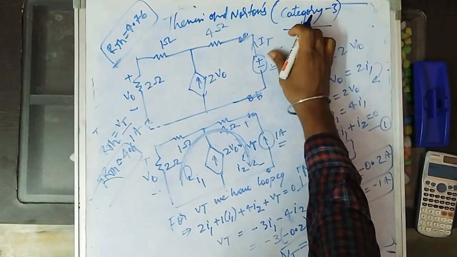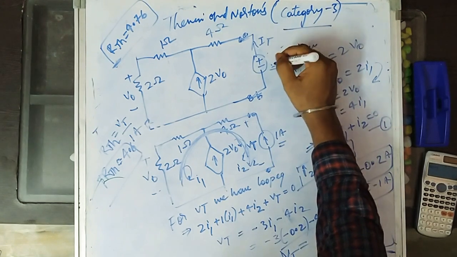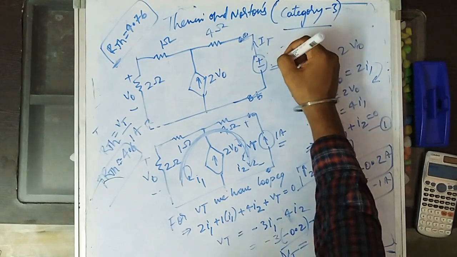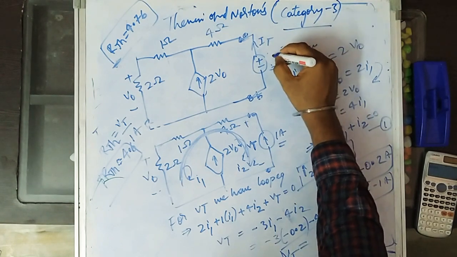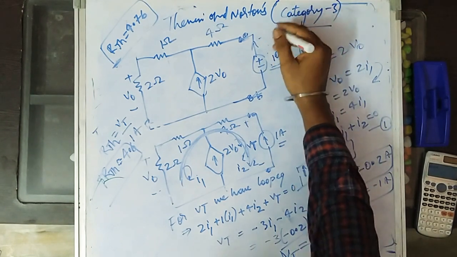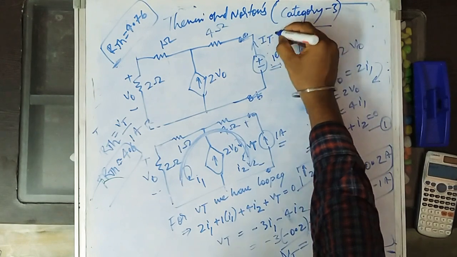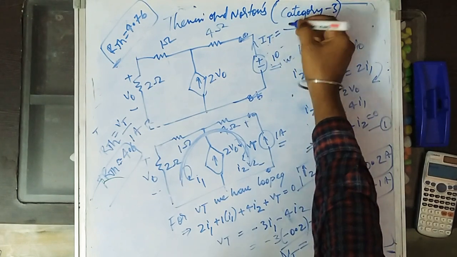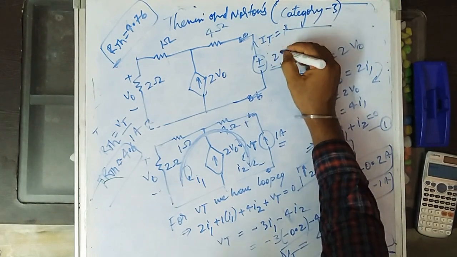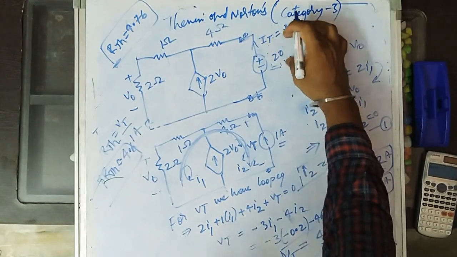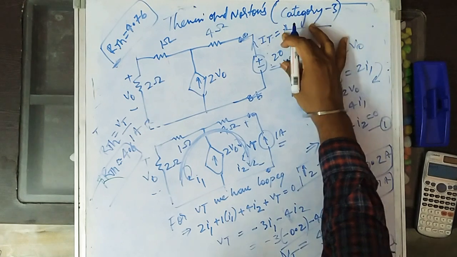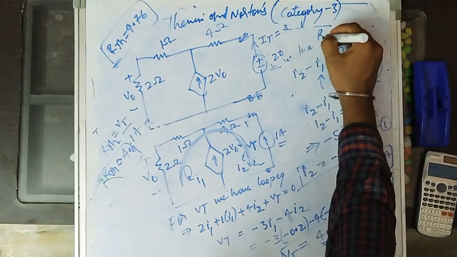This is called homogeneity. If you give an input of 10 volts, you will get some response X. If you give 20 volts, based on the input, the response will change. But ultimately the value of RThevenin will not change.